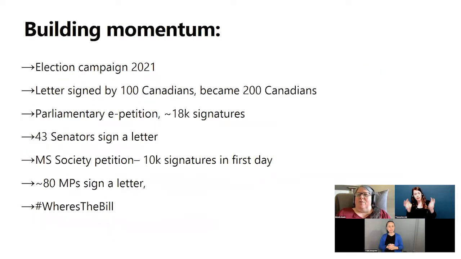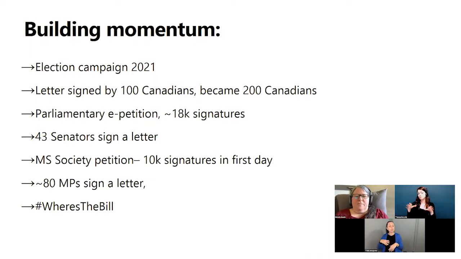I want to leave you by explaining how we believe the disability movement has created a wave of momentum that we hope is going to make this change happen. So we started a media campaign during the last election to make sure that disability poverty was an issue that was talked about.